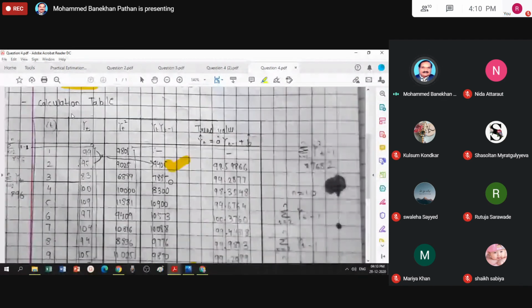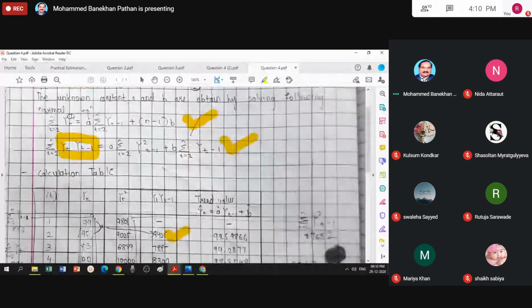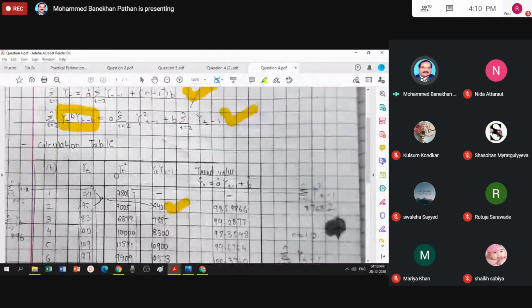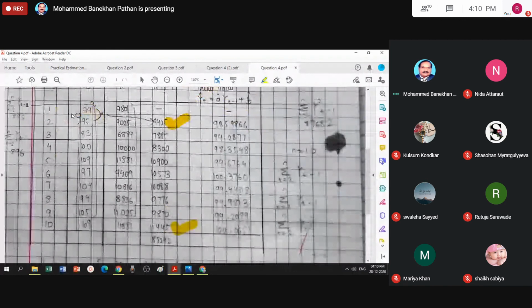This is a total of yt starting from 2 up to n. That means I have to make this total. This is your summation of y2 to n. Clear? Similarly, you want y square t minus 1, 2 to n.